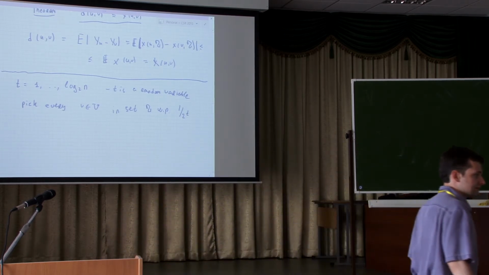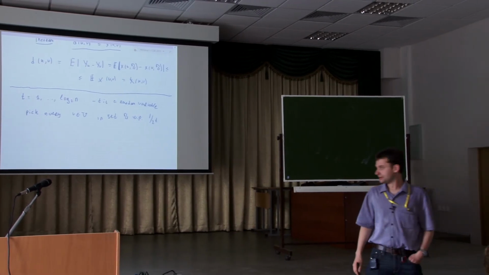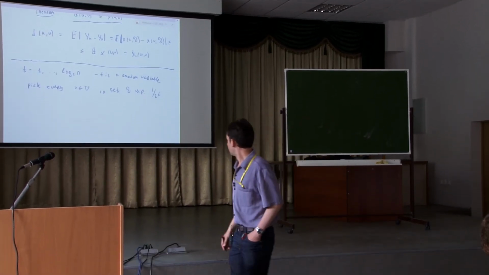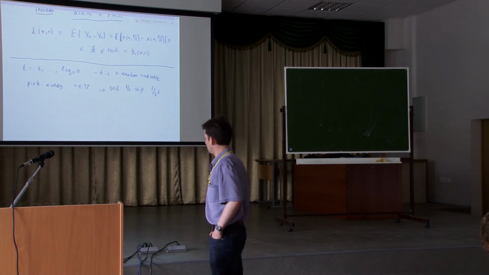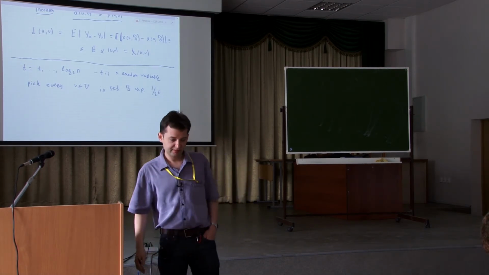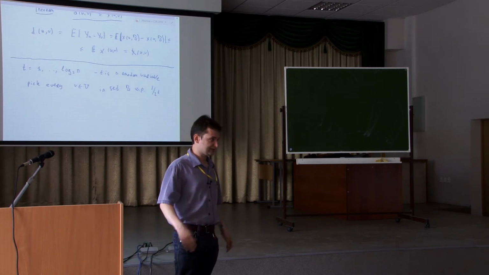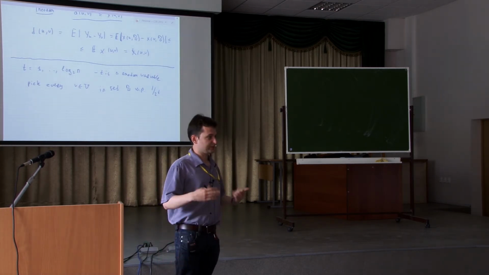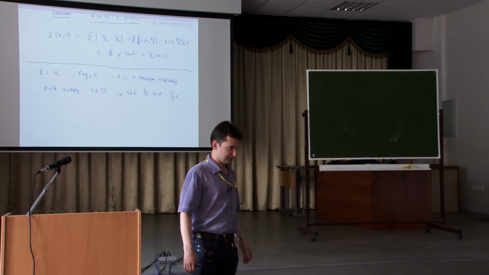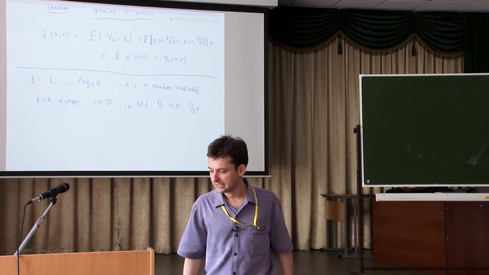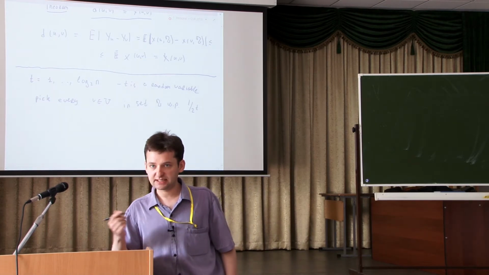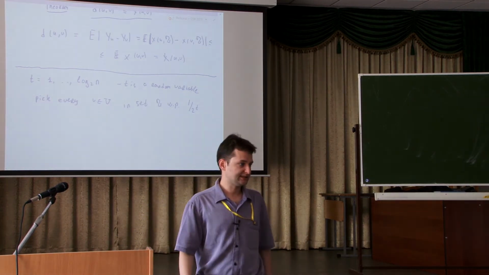So in the first set, we will pick vertices with probability 1/2, and in the last set, we'll pick vertices with probability 1 over n, depending on the t. And this exactly defines our random set Z.